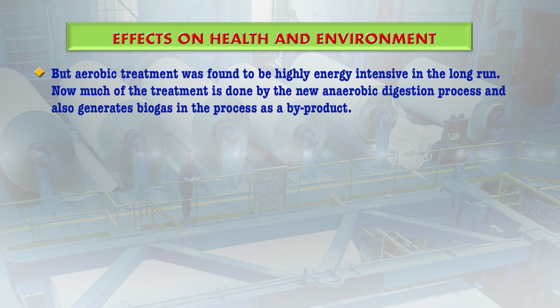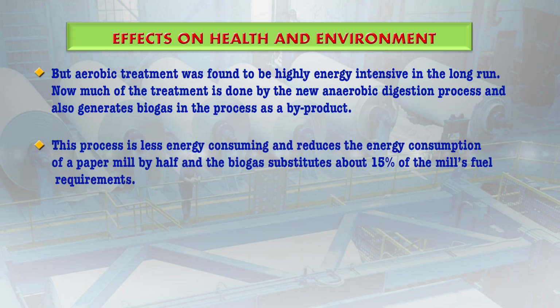Nowadays the treatment is done by the new anaerobic digestion process, which also generates biogas as a byproduct. This process is less energy consuming and can reduce the energy consumption of the paper mill by even half, by 50%. And the biogas given out also substitutes 15% of the mill's fuel requirements. So that is an eco-friendly alternative.